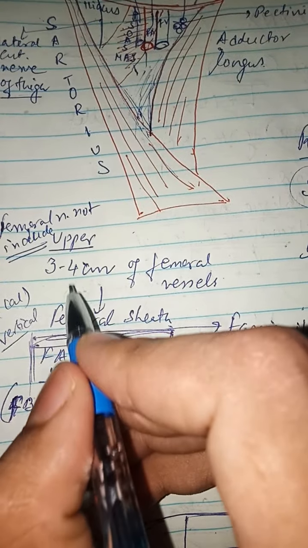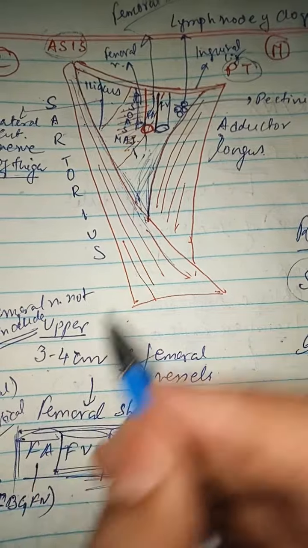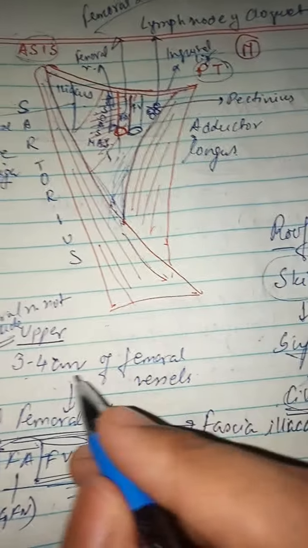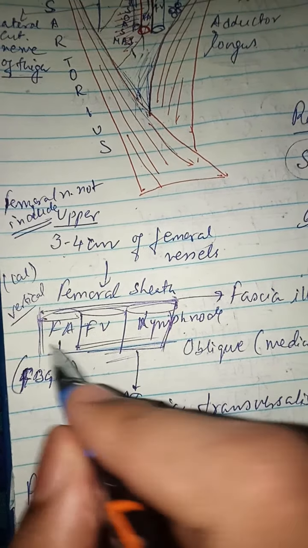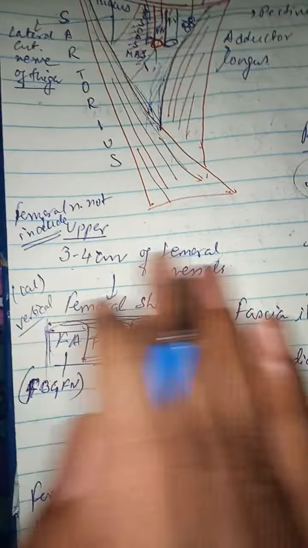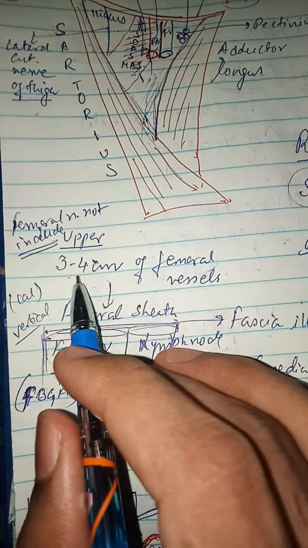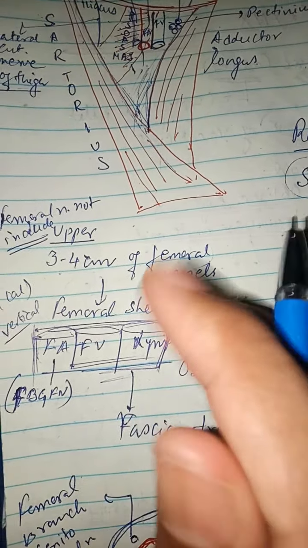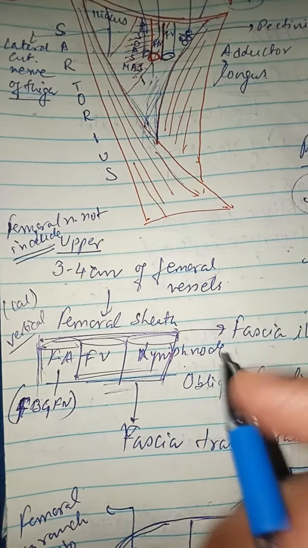The femoral sheath is a covering formed by the upper 3 to 4 centimeters of the femoral vessels.